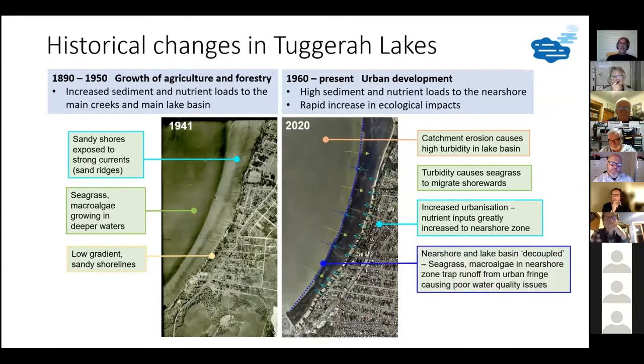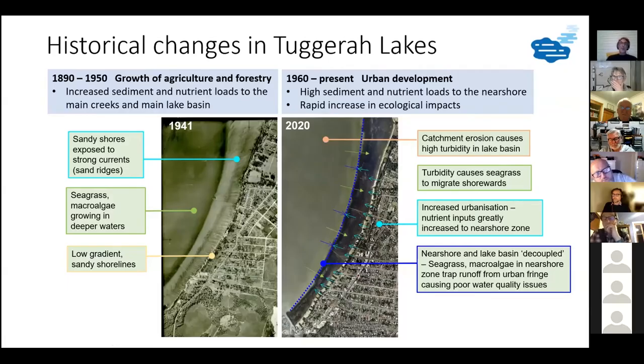And significantly, that combined with the presence of seagrass and macroalgae has effectively created a barrier between the lake basin and the nearshore zone. So these two zones of the lake have become decoupled, as we say.